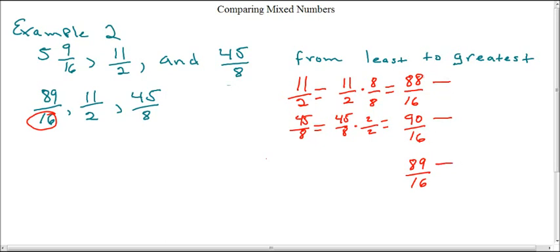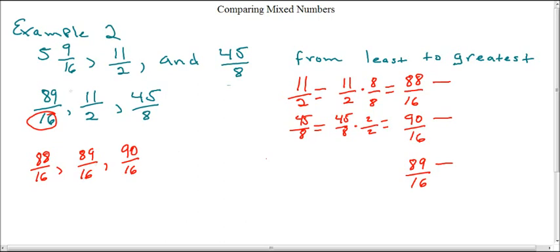What's the least number? Well, of course, 88. So from least to greatest, 88 over 16, then of course 89 over 16, and last 90 over 16. And that's the way they're set up from least to greatest.